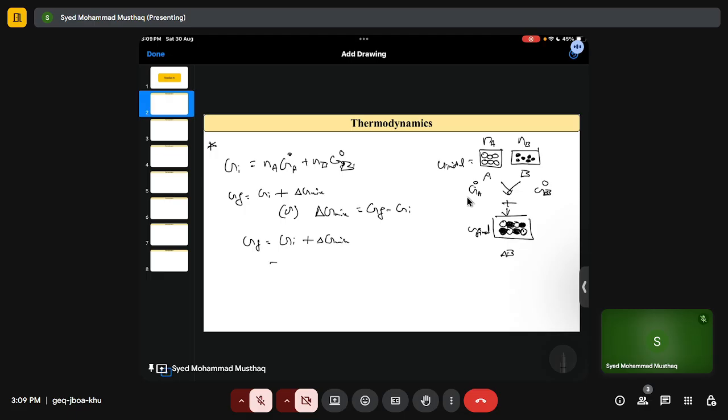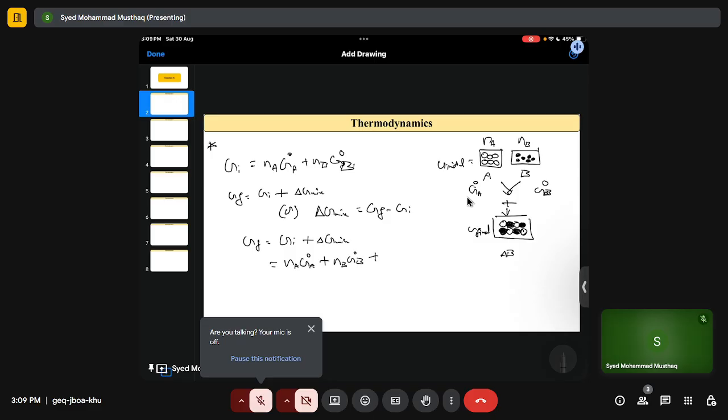Now what is our GI? GI is NA G naught A plus NB G naught B. Right? And we have derived delta G mix many times. So let's only take random solutions. Perfectly random solution and also a perfectly random ideal solution.